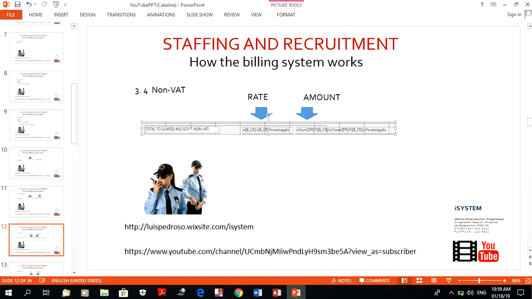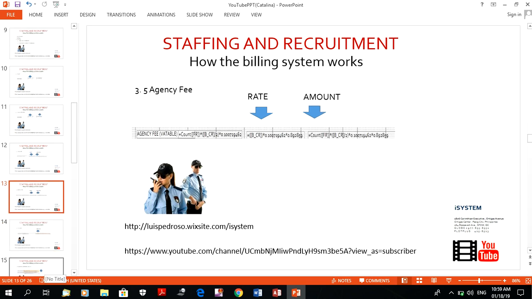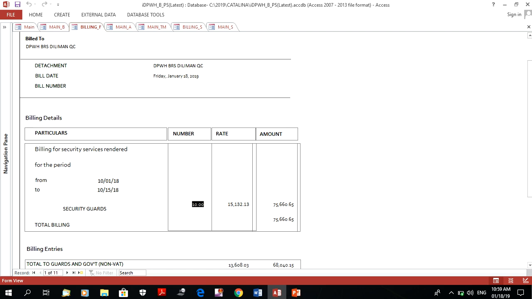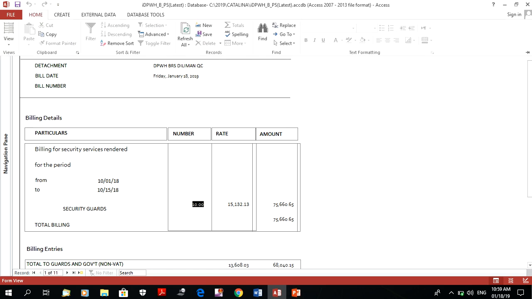That is for non-VAT, and then you have the agency fee. For the agency fee, you also make use of a formula, which is the agency fee in your design view here.